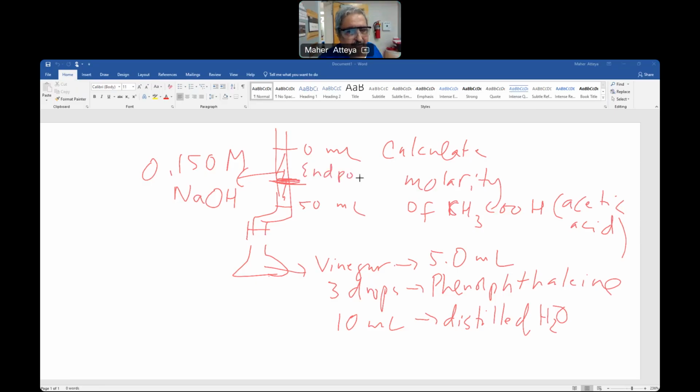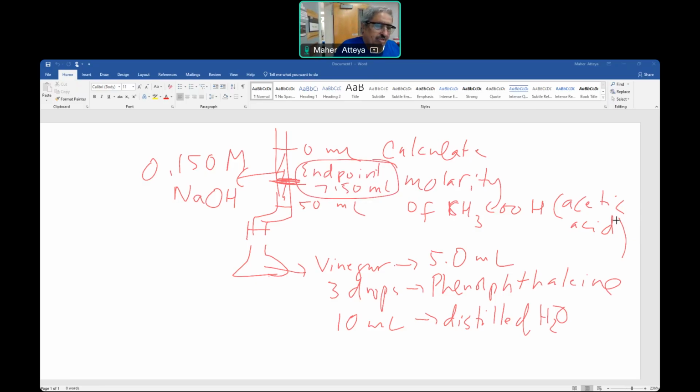The endpoint is the amount of base needed to reach the color change. So suppose this came out to be 7.50 mL. I need this piece here. So I did several trials, and the average is 7.50 milliliters.